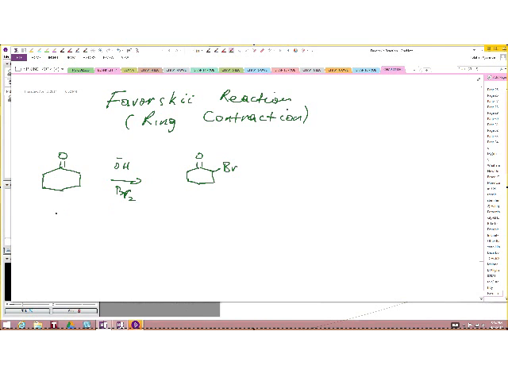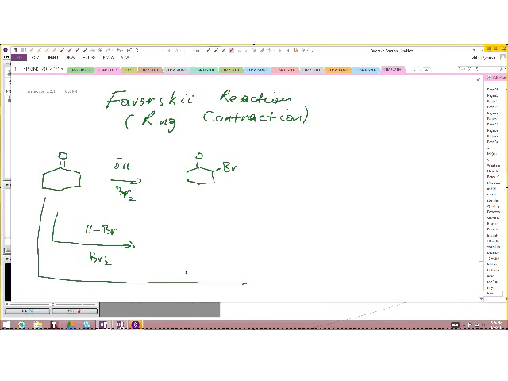You could also do the same reaction with an acid catalyst, hydrogen bromide supplying the proton, in the presence of bromine.